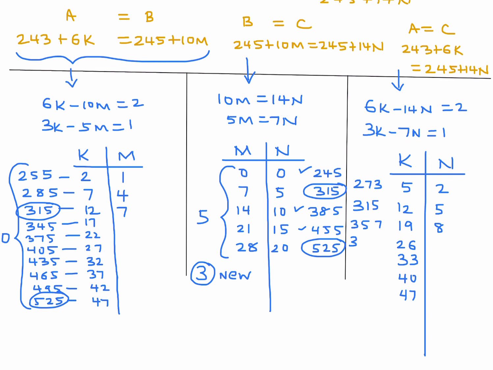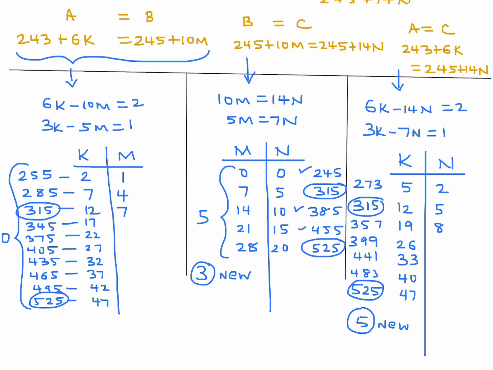Yeah, I think so. And then 399, 441, 483, and then 525. And then if I add another 42, I'll go over that 540 boundary. Okay, so I got 7 here, but again, 315 and 525 are already counted, so I already got 5 new.